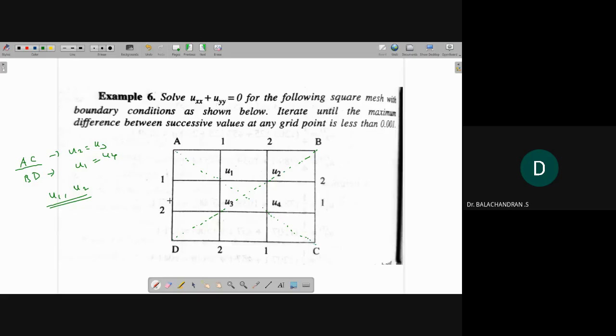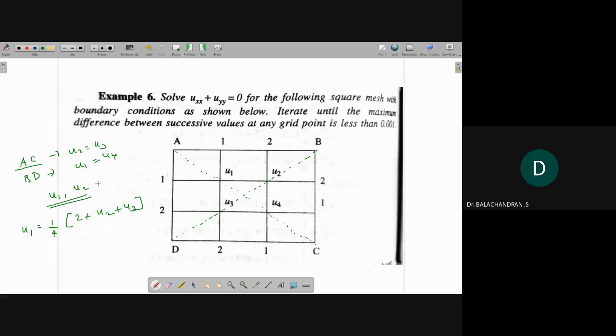Method 1. So u1 equal to, use the standard 5-point formula, 1 by 4, 1 plus 1 plus 2, u2 plus u3.